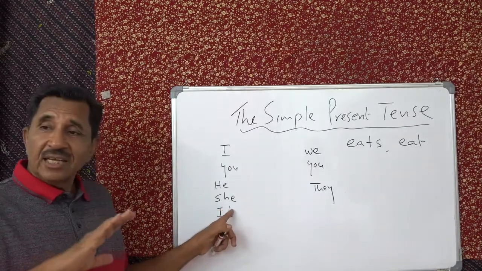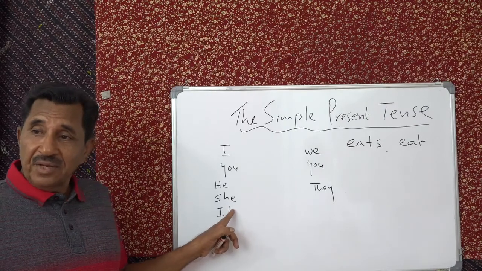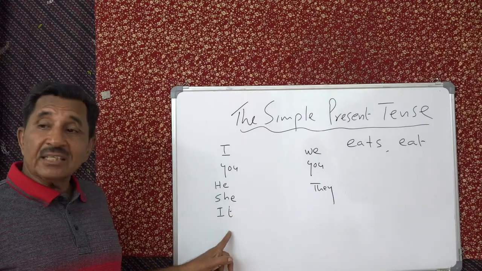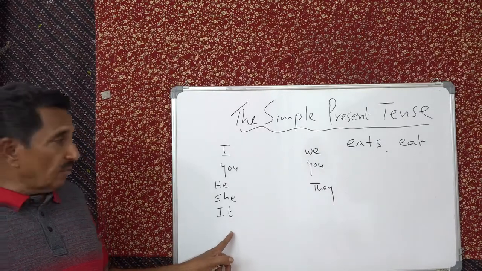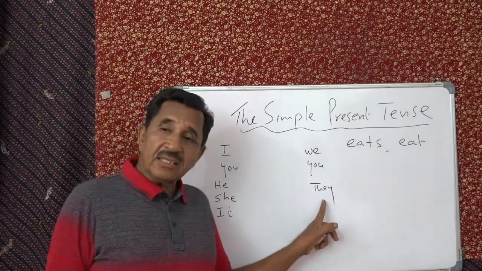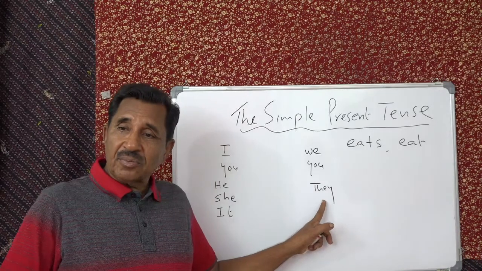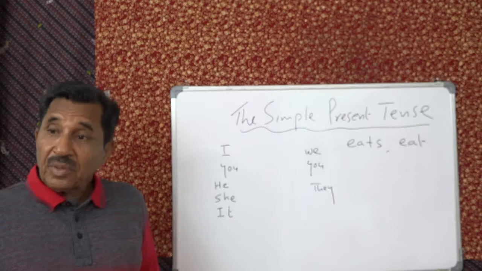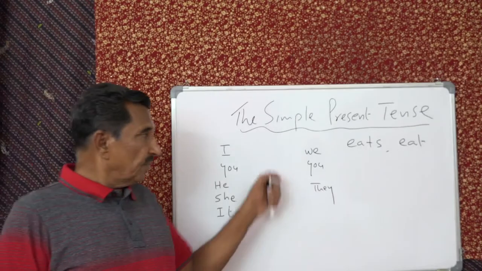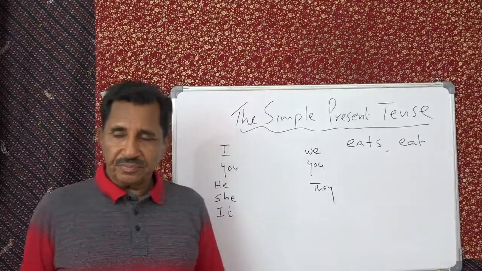She stands for all feminine singular nouns, and it stands for all neuter singular nouns, and they stands for all plural nouns except we and you.